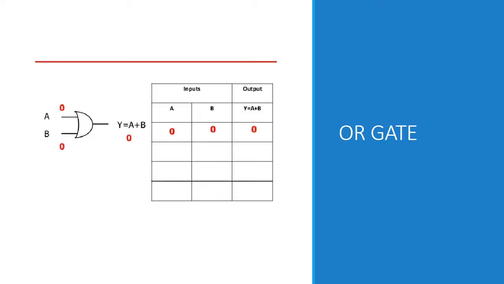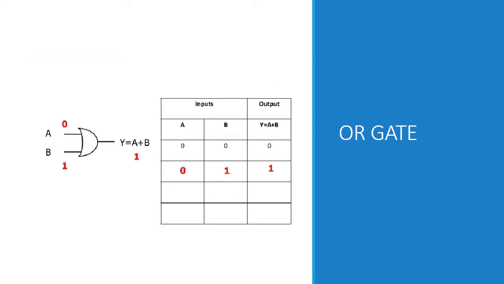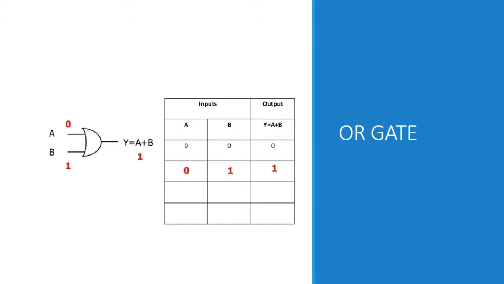Next, let's consider the truth table for the OR gate. We have a first case in which both the inputs are 0. A is 0, B is 0, the output is at 0. Next, consider the case in which A is at 0 but B is at 1. Now, in this case, the output is 1. Next, consider the third case in which A is 1 but B is at 0.